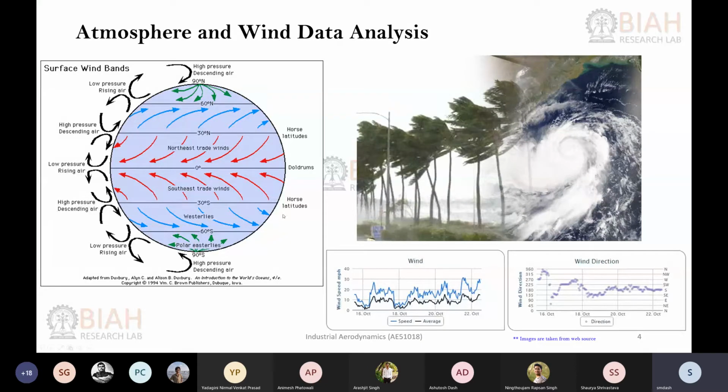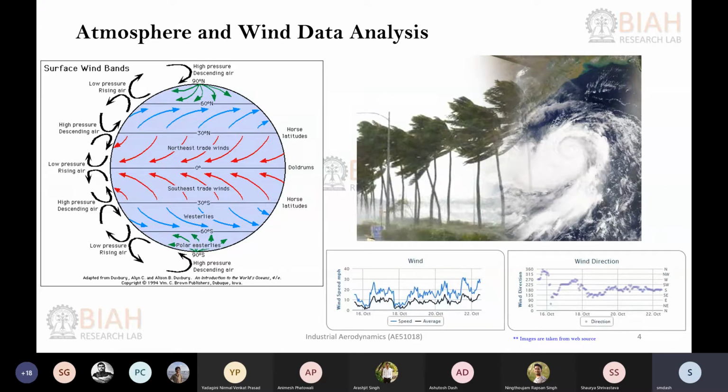And there will be a mathematical model that will cover the cyclonic situation. We'll also be looking into wind data and how we can analyze specific wind data. You know that when you apply the boundary condition over the aerofoil, we don't talk about the exact wind scenario on the aerofoil, what kind of wind condition it is facing.